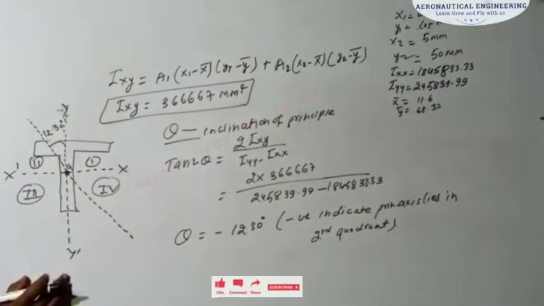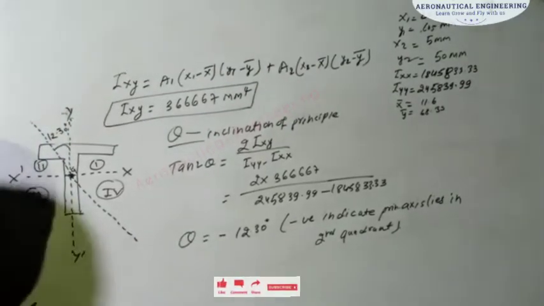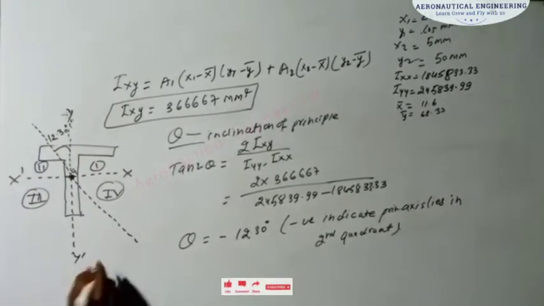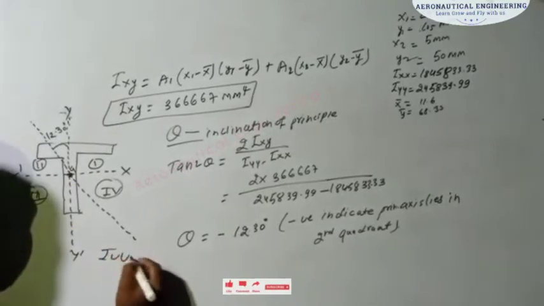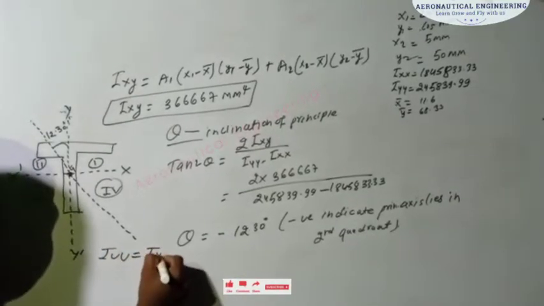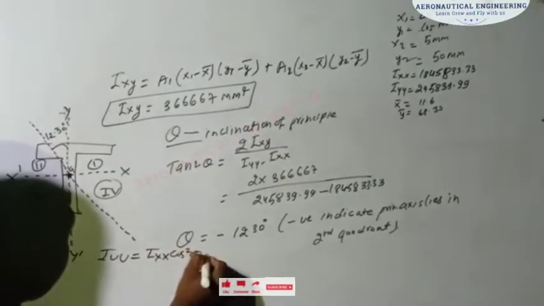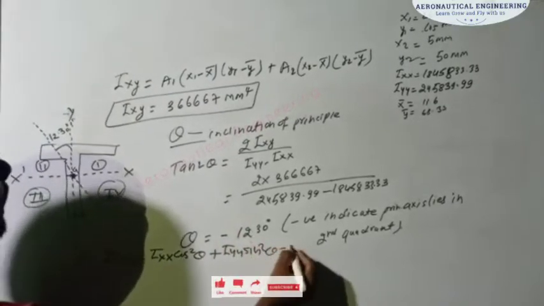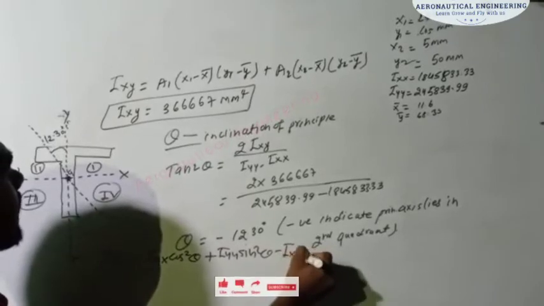Now we have to find the principal moment of inertia about the principal axis. So IUU, we know the formula: Ixx cos square theta plus Iyy sin square theta minus Ixy sin 2 theta.